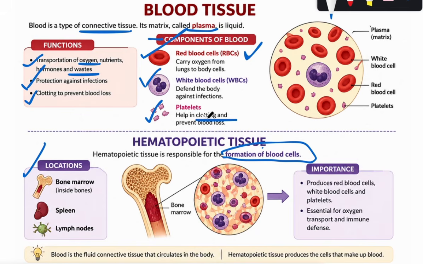Where these blood cells are formed is called hematopoietic tissue. That tissue is found in bone marrow, inside the bone, spleen, and lymph nodes. They produce red blood cells, white blood cells, and platelets, and that's important for oxygen transport and immune defense. We all know that.